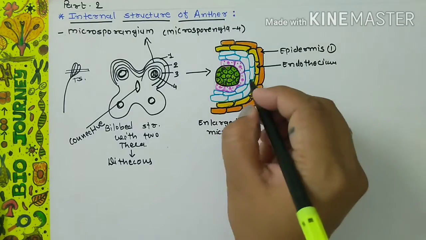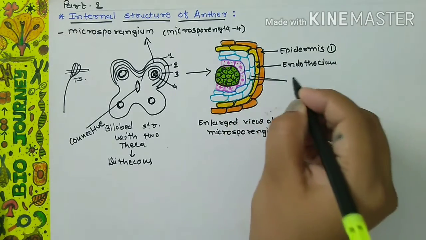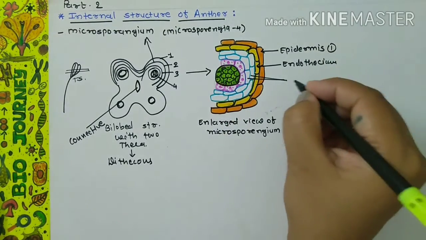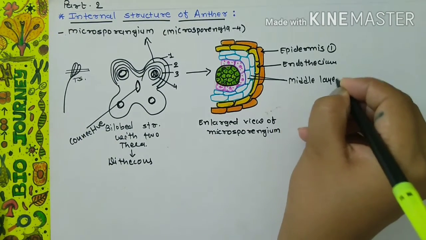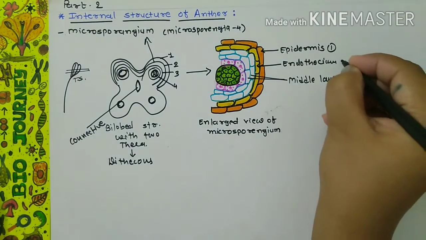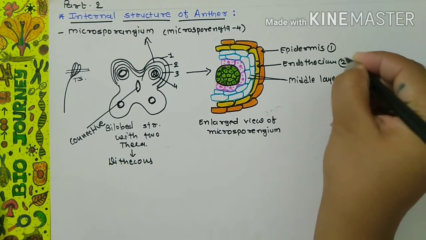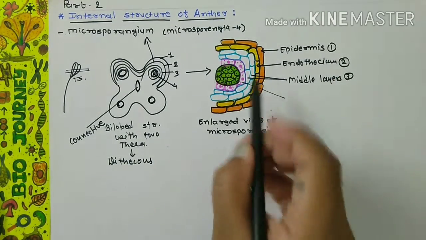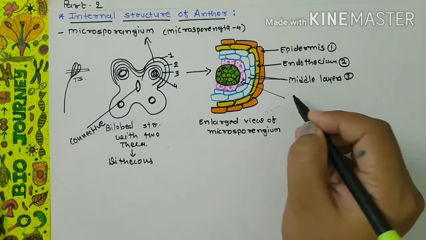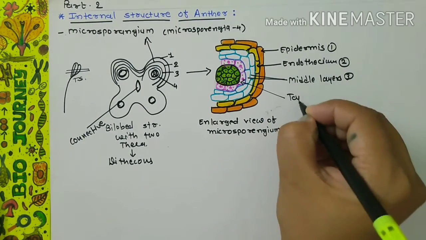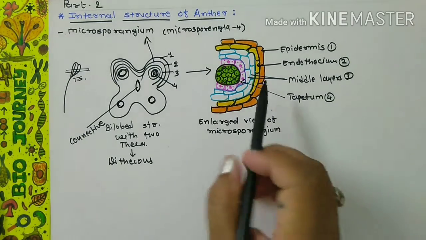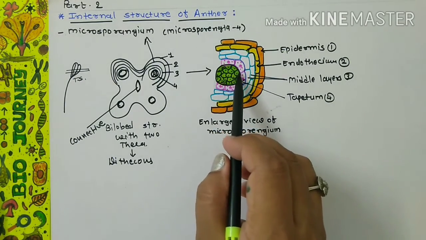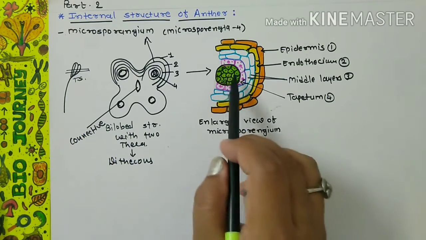Then these two, the blue colored cell layers, are known as the middle layers, second and third. And this pink layer is known as the tapetum, the fourth one, which is directly connected to this inner cell mass.